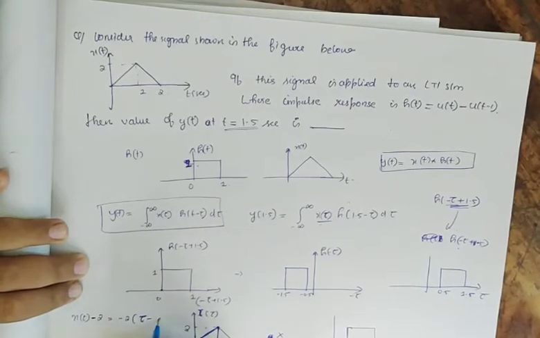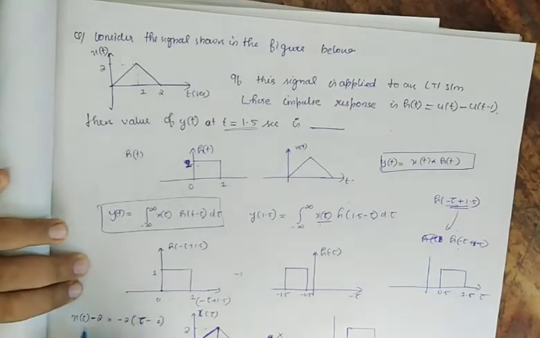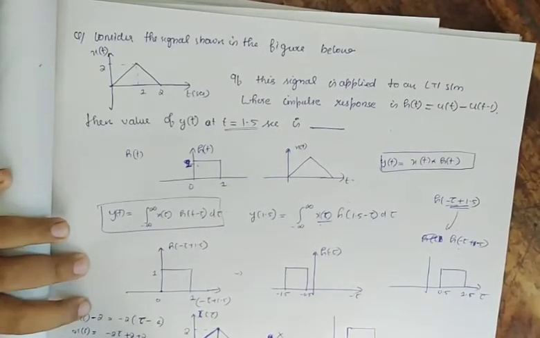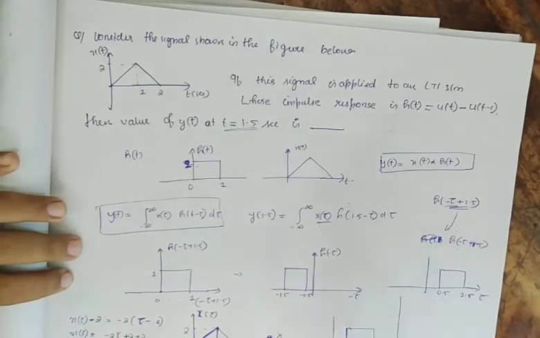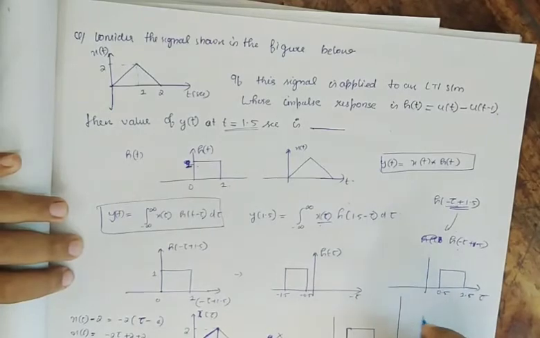What is x1? 1. Okay. So x of tau equal to minus 2 tau plus 2 plus 2. That is minus 2 tau plus 4. This is valid from 1 to 2. Okay. Now we are going to multiply this.